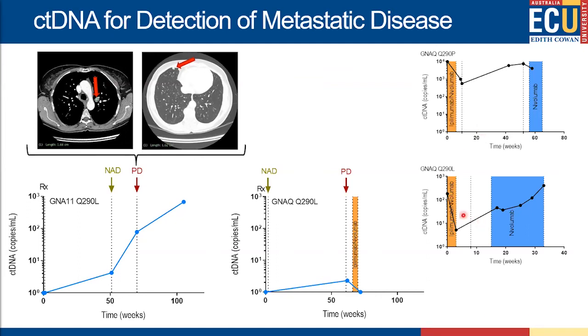And perhaps this is an interesting finding, that there might be a signal of a certain level of control of the tumor with this combination of ipilimumab and nivolumab, perhaps not sustained and therefore easily escaped by uveal melanoma.